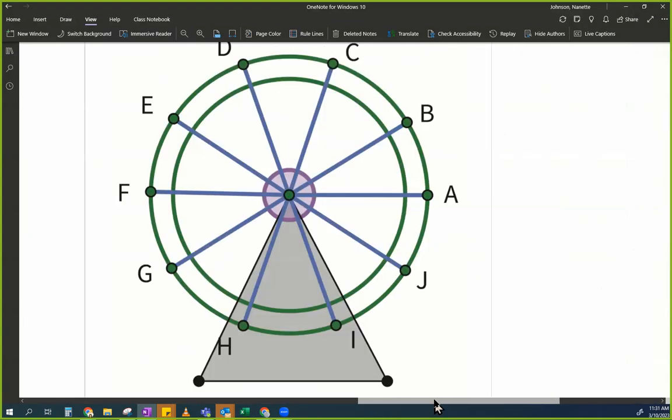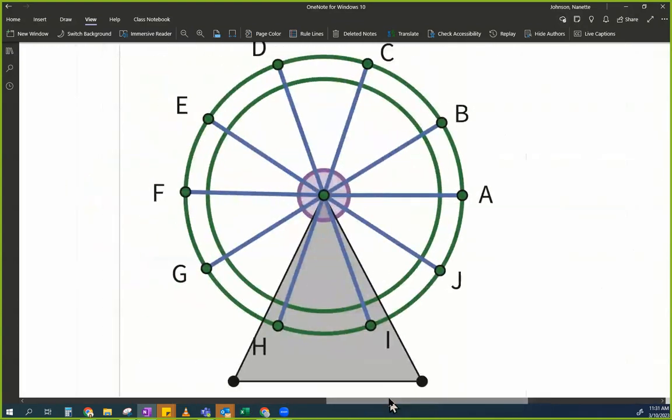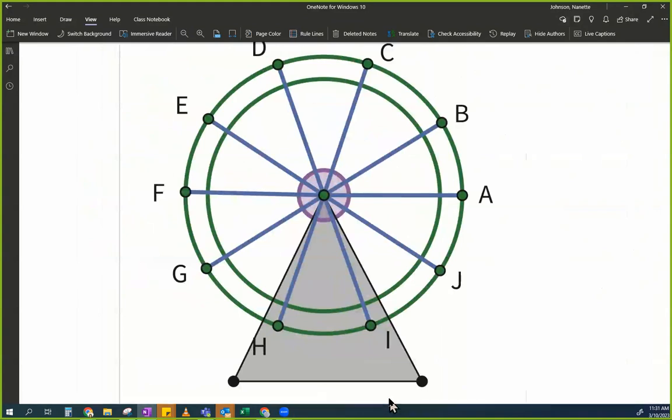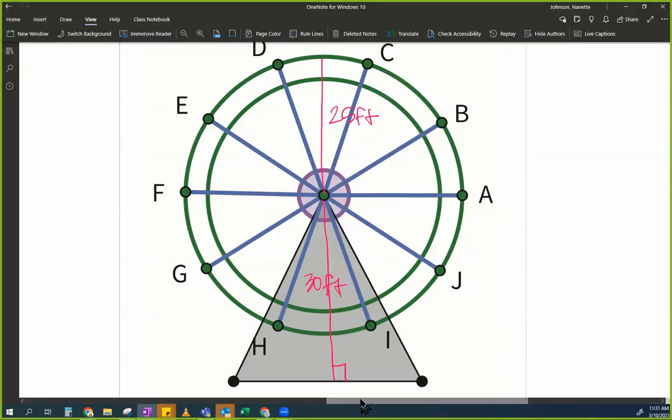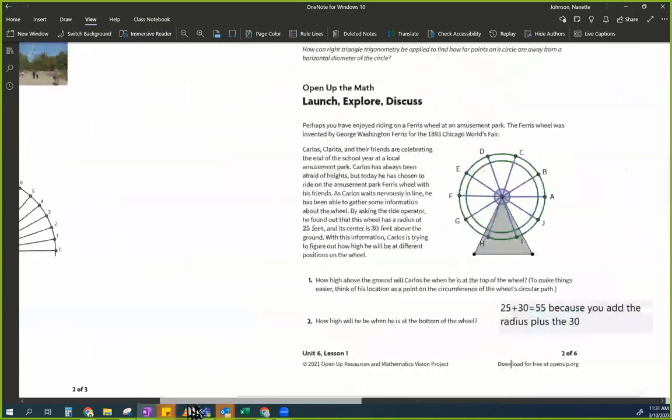So the way I draw this, and please don't laugh at my really amazing drawing skills, here is 25 feet. And here is my 30 feet. Is that okay? Everybody comfortable with that? Done. Okay. So be okay with looking at the numbers and being like, I wonder what that means.